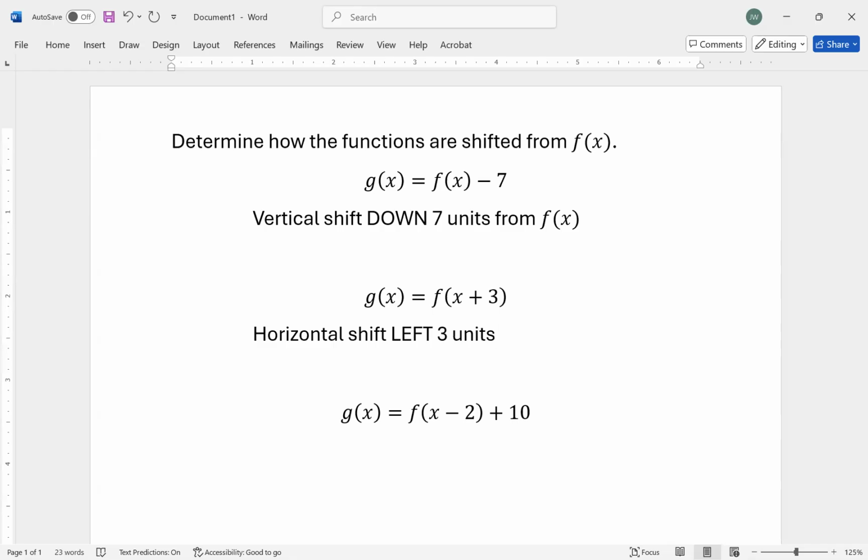Because remember, we have x minus h as the formula. If I did x minus h, then h here would have been a -3, and that's a left shift of 3 units from f of x, obviously.